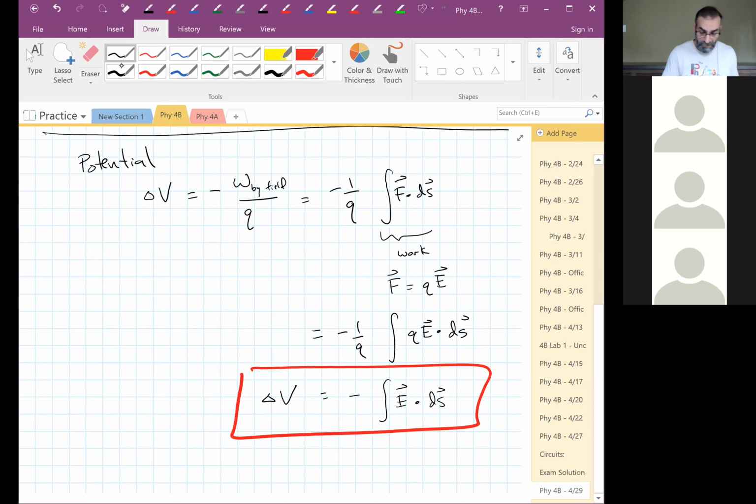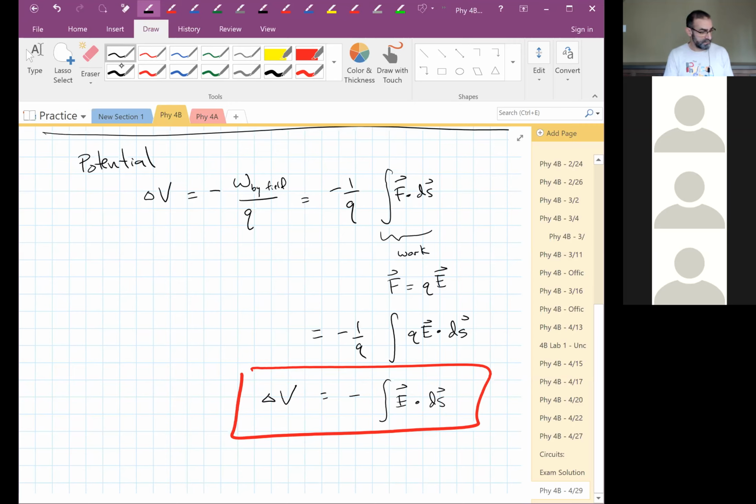Okay, so this is one way we have now of finding the potential difference between 2 points. If we know the electric field in that region of space, we just take the integral E dot ds from point A to point B, and we can figure out the delta V between those 2 points.